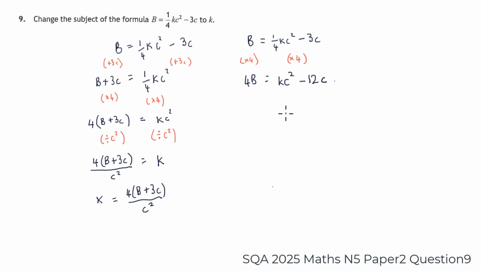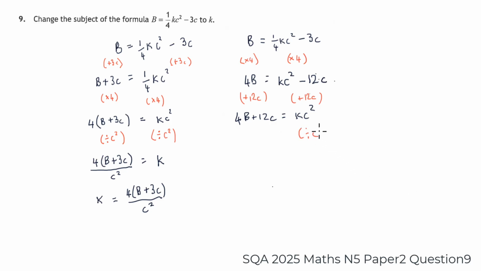And then we'd proceed as we did before, but in this case we would add 12c to both sides to balance that out. So left hand side would get 4b plus 12c, right hand side the negative 12c disappears, get kc squared, and then we divide both sides by c squared.